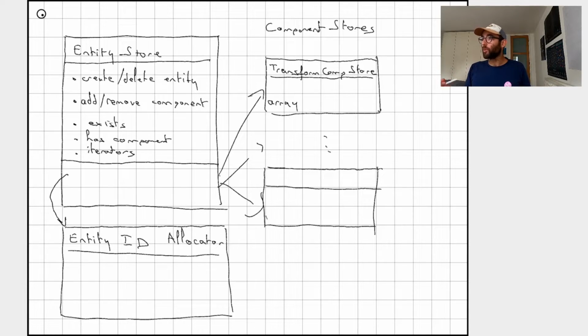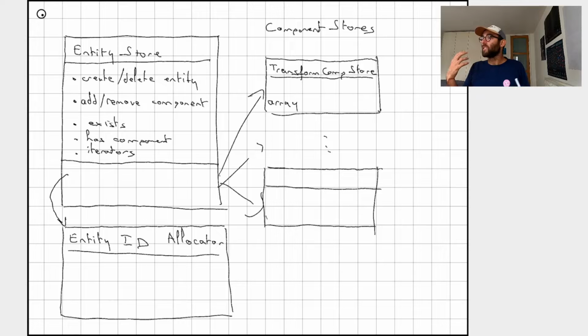But let's talk about the component store in more details. So as I mentioned, each component store is tied to a specific type of component, and it contains an array of components, right? But it needs to contain a bit more than just the components. Why? Because when an entity is created, an ID is allocated, right?